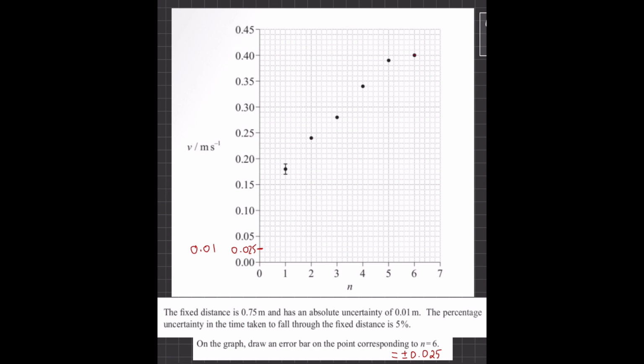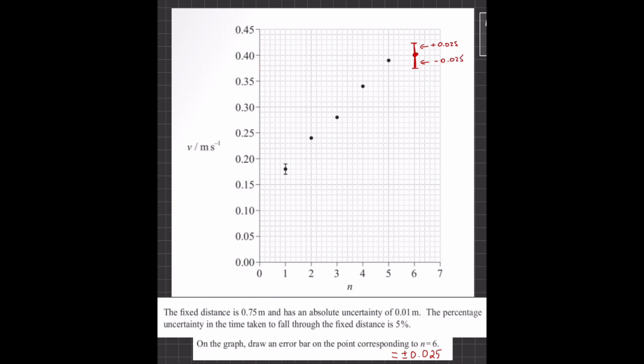Okay, so from this point, I'm going to go halfway up and halfway down. So yeah, divide by 2 here, and it's right there. Okay, so at n equals 6, it's plus 0.025 or minus 0.025.